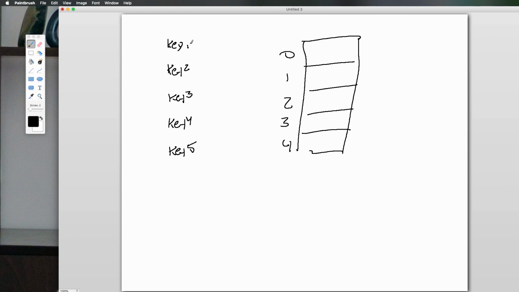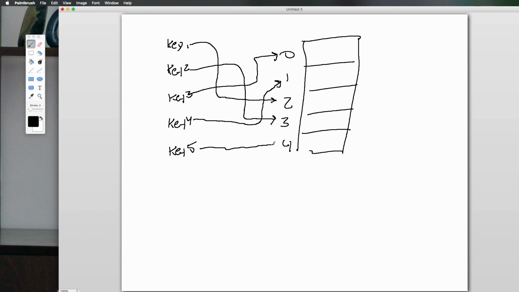And what happens is these, I'm going to draw a 1-to-1 function here now. See, that's 1 to 1 and onto.